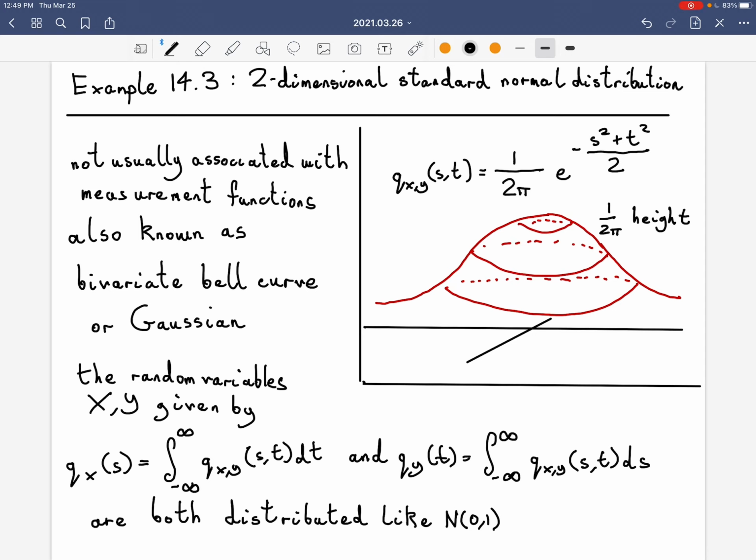And what you're doing with a two-dimensional standard normal is you're approximating the long-term result of the pair of games. So the random number in the first case is the result of the game in the left hole, and the random number in the second case is the result of the game in the right hole.